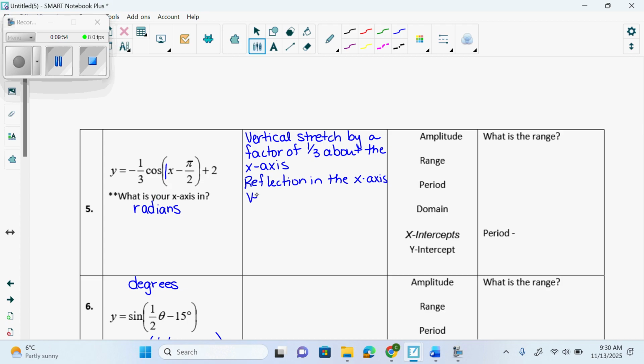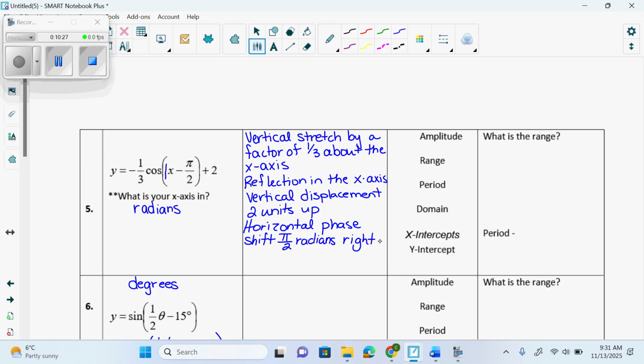I have a vertical displacement 2 units up, and I have a horizontal phase shift of pi over 2 radians, right? Because now we know the units. It's either radians or degrees.